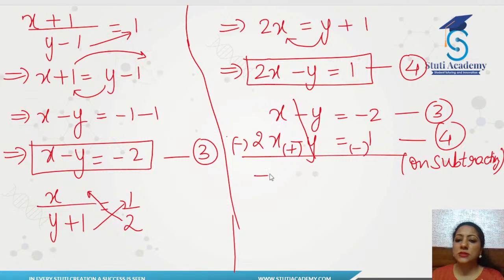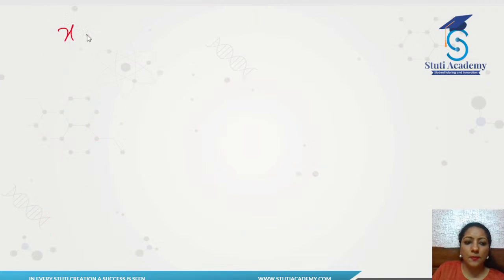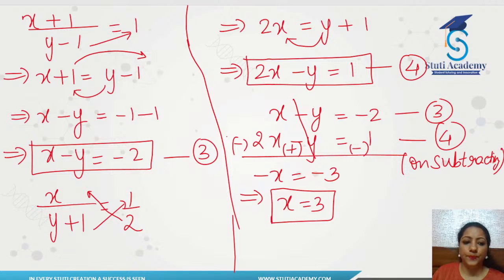X minus 2x is minus x. Minus 2 minus 1 is minus 3. And from here we have x as 3. So x is 3 here. Now this x is equal to 3, I'm going to put in the third equation. So I have x minus y equal to minus 2. I have now got the value of x as 3.